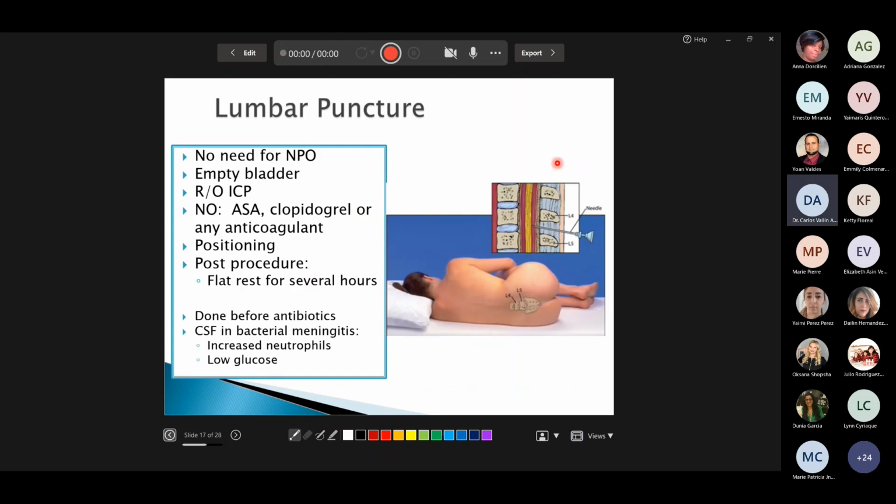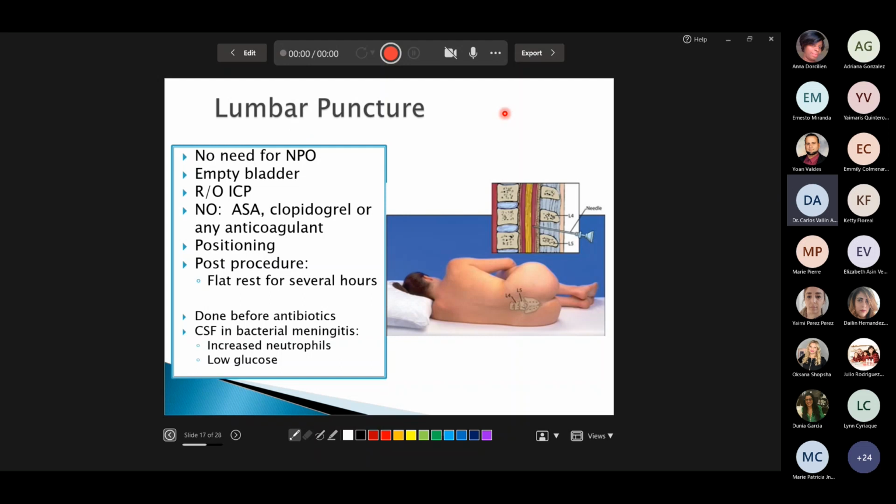For lumbar puncture, it is very important. The position during the procedure needs to be this fetal position. So you need to ask the client. There is no need for a lumbar puncture to be NPO. It was tested. You can arrive, God forbid, to the ER with a meningitis, and you can have food, and then they still will practice the lumbar puncture.